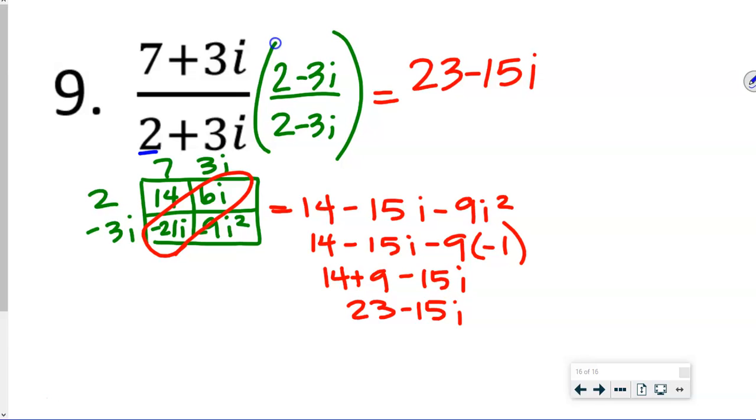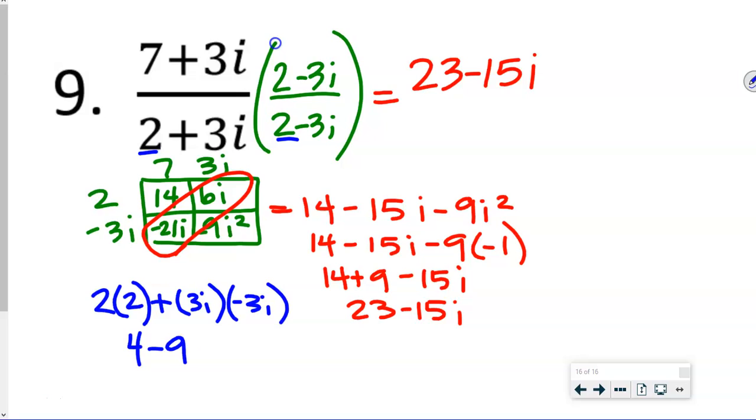So now we're going to take the 2 times the 2, right? Plus 3i times -3i. Remember, this only works, guys, when we have the same terms with the plus and minus between them. So this is going to be 4 minus 9i squared, which is what? 4 minus 9 times a -1.